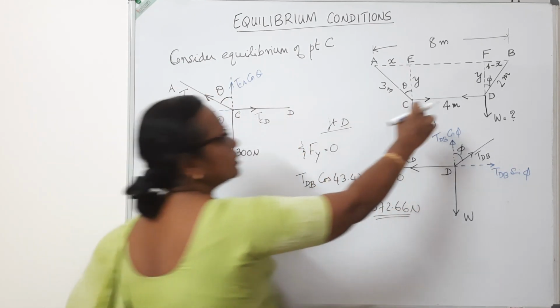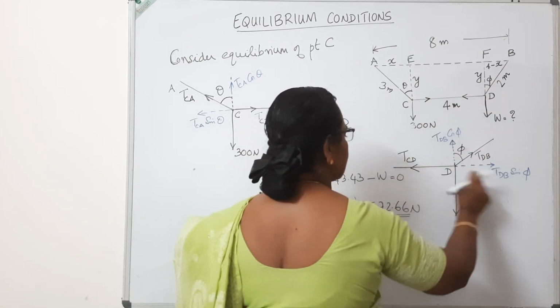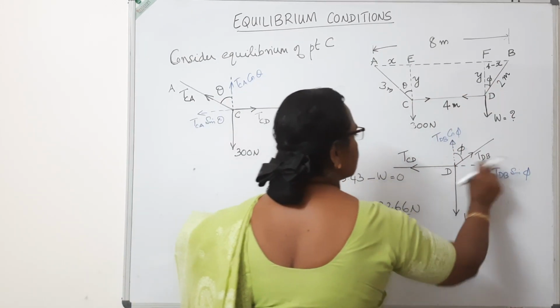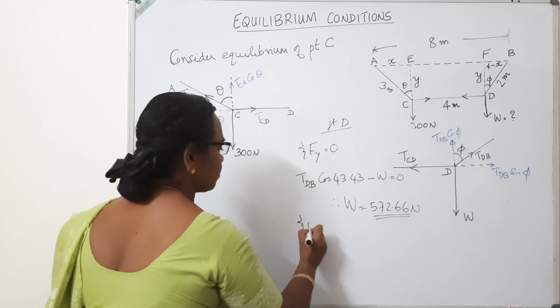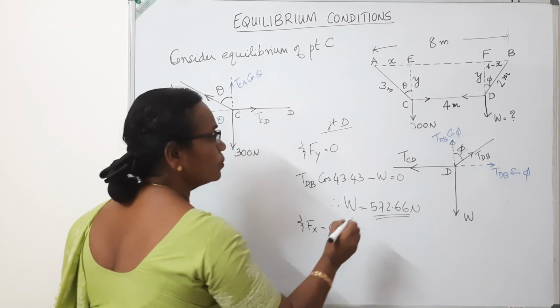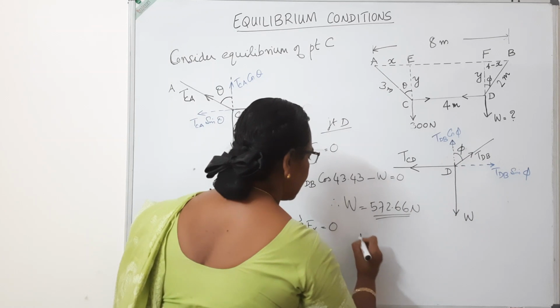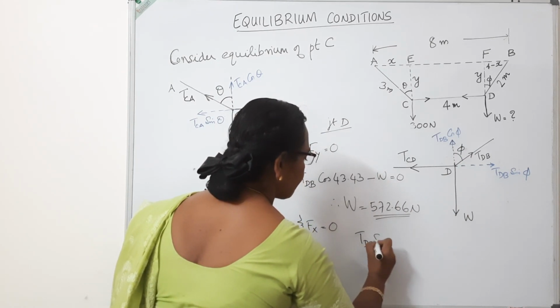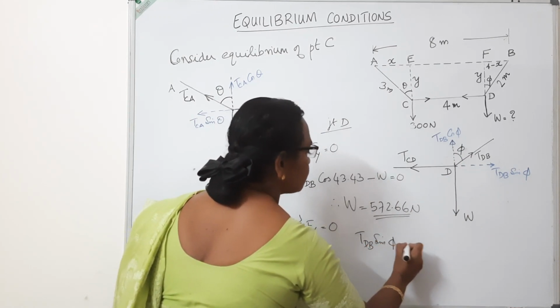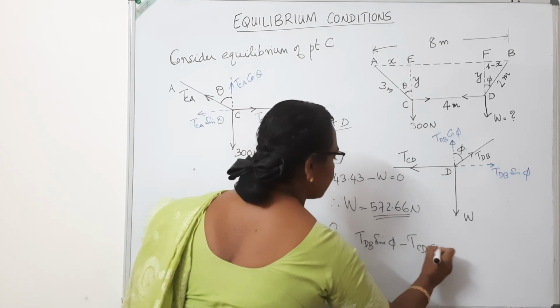If you want to find the tension in dB, that should also be found from here itself. If you take the horizontal equilibrium, sigma Fx is equal to 0, TdB sin phi minus TCD is equal to 0.